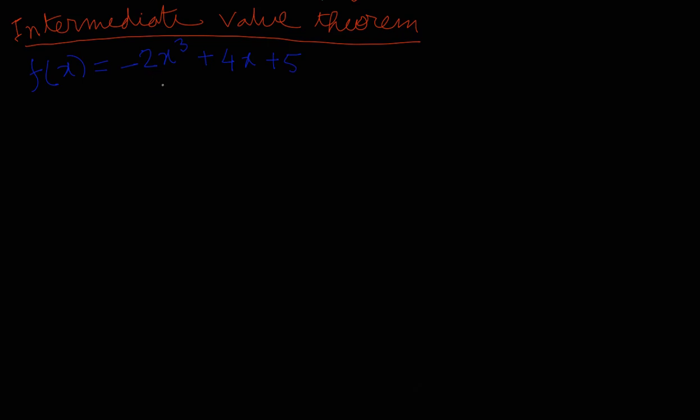So what do we need to show? We need to show that there is at least one real zero between x equal to 1 and x equal to 2.